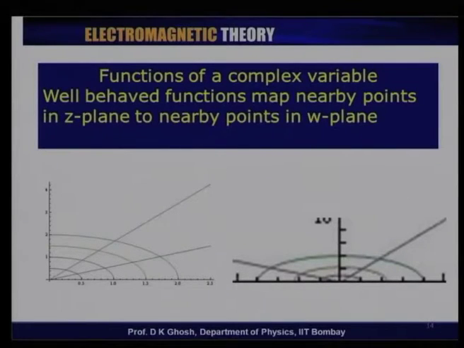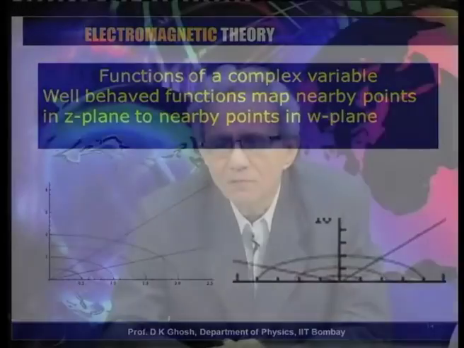So, this is what we have been trying to talk about. Now, in discussing our techniques as applied to the electrostatic problem, we use what are known as well behaved functions. A well behaved function is one where neighboring points in the z plane, mapped by the same transformation, let us say f(z) equal to z square, get mapped onto neighboring points in the w plane.